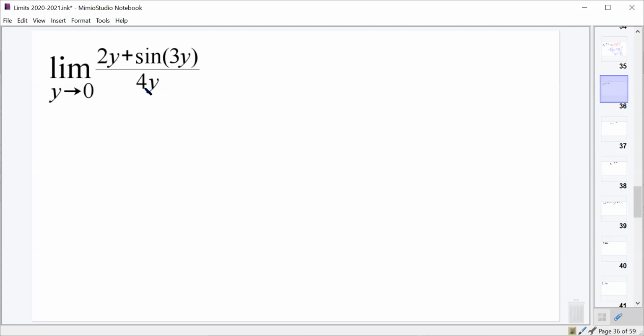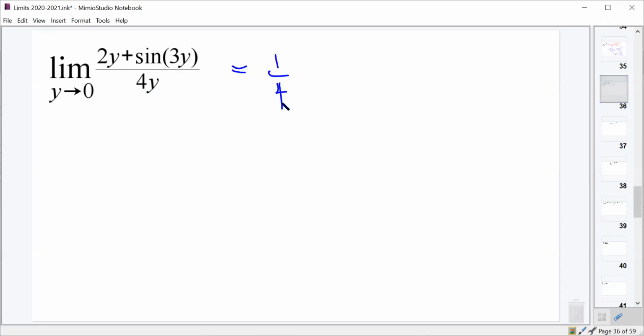We can take the 4 out if we want to, because the 4 is being applied to everything up here, but the 2 is not a constant that's in front of the full function inside of the limit. It's just in front of part of the function. The full function is 2y plus sine 3y, and the 2 is not being applied to the sine 3y, so we can't pull the 2 out. But the 4, we're dividing everything by 4y. So if we want to pull the 4 out as a 1/4, that's great.